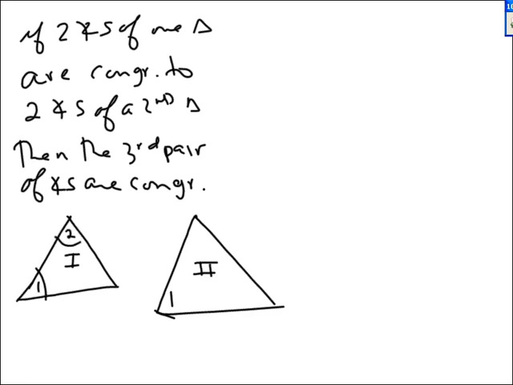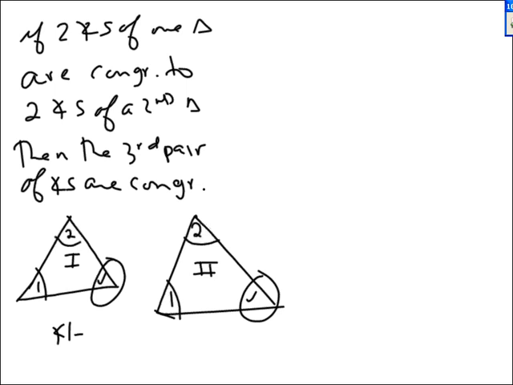Say that this angle is the same as angle 1 in the first one, and this angle here is the same as angle 2. Now they're saying that the third pair must also be equal. The answer is yeah, because the three angles must add up to 180.